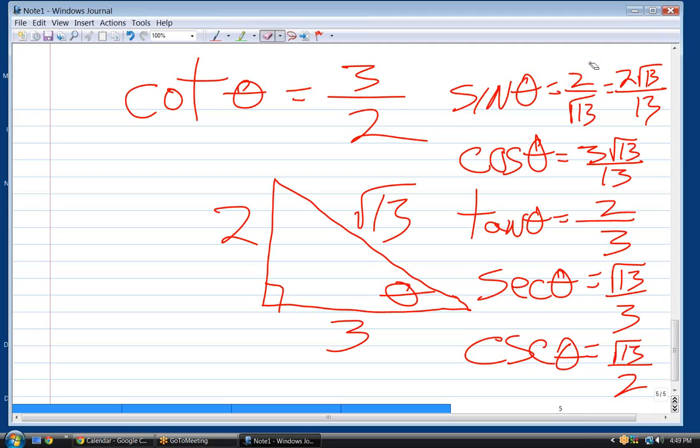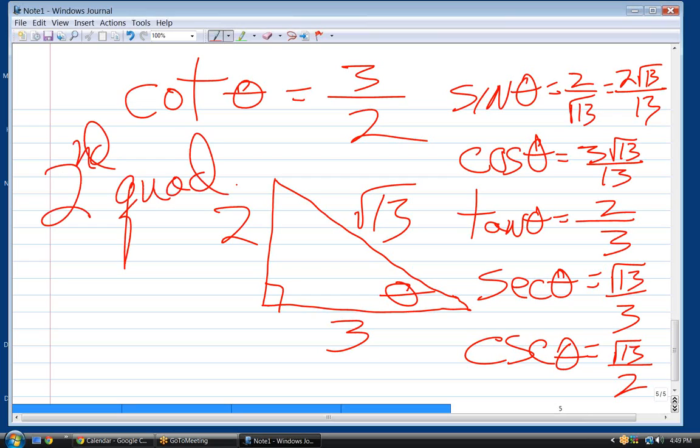Now, these will get more complicated, and they'll be exactly the same as this, but they'll add that it's in the second quadrant. The only thing that changes is the sign on each of these, by sign I mean plus or minus sign. That stays positive.